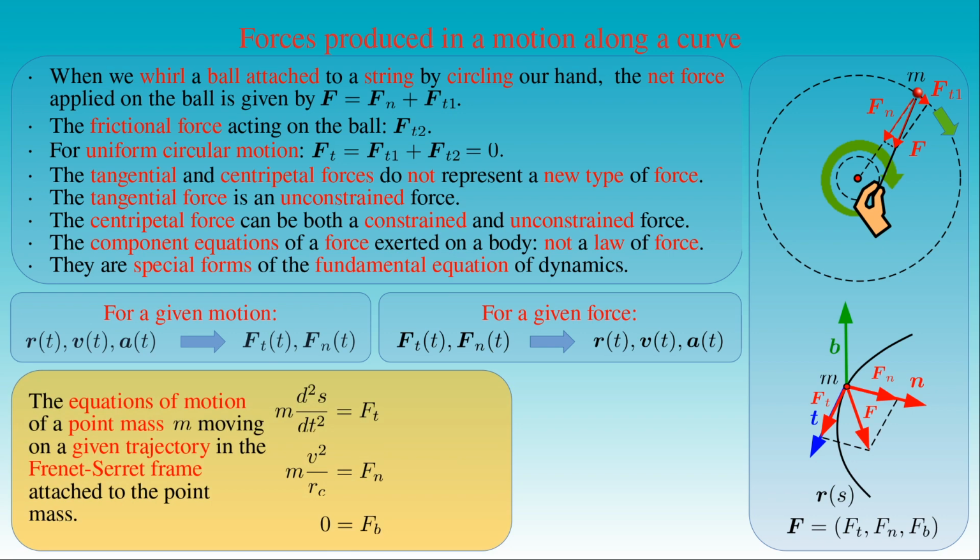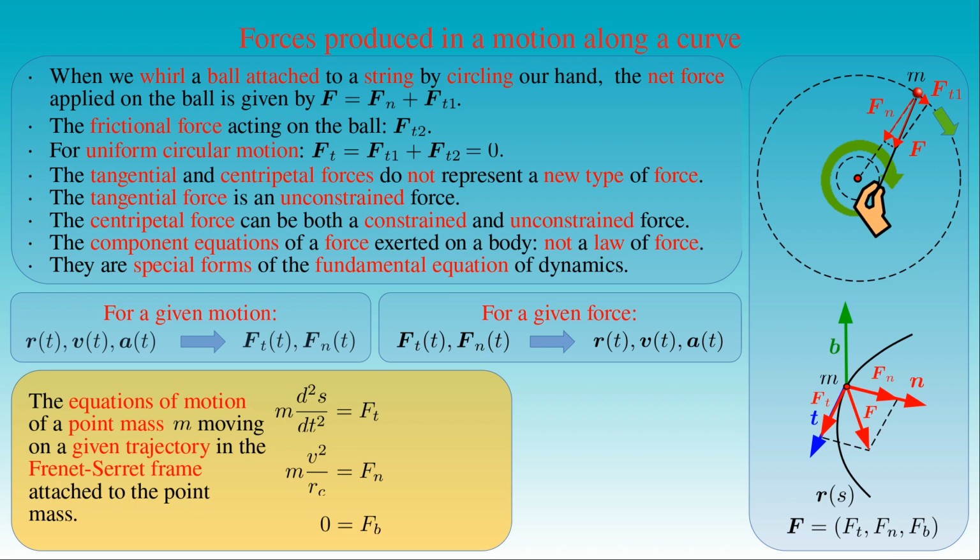The tangential component states that the mass m of the body times the second-order derivative of the arc length s covered by the body with respect to the time is equal to the tangential component of the force acting on the body. The normal component states that the mass m times the square of the velocity v divided by the curvature radius r_c is equal to the magnitude of the centripetal force acting on the body.